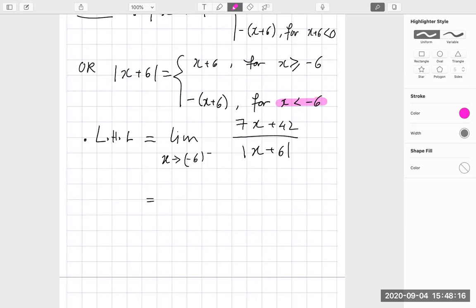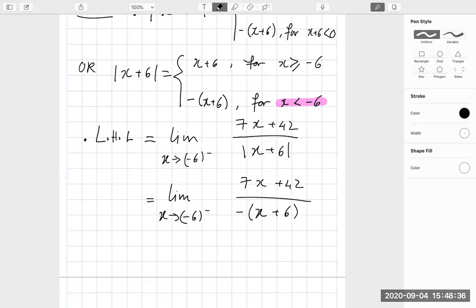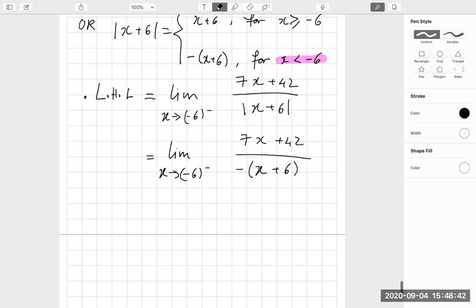So we need to use the second branch here, which means it is the limit when x approaches -6 from the left of (7x + 42) divided by the denominator, which becomes -(x + 6). Yes, it's very important here.